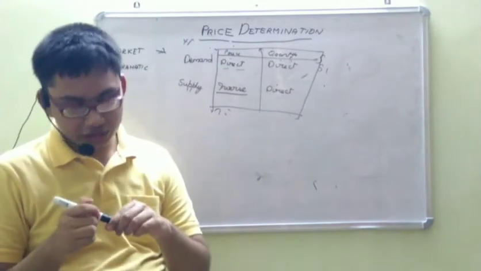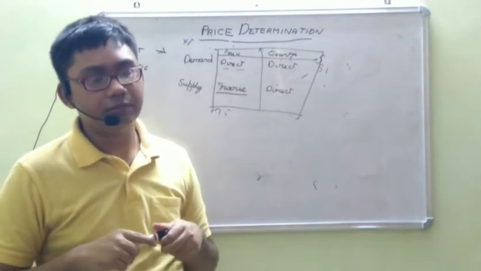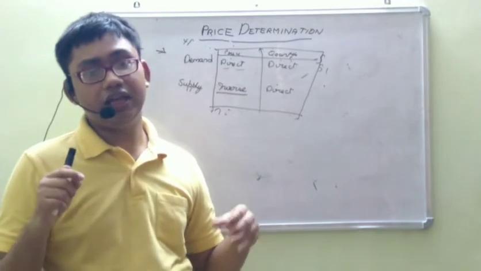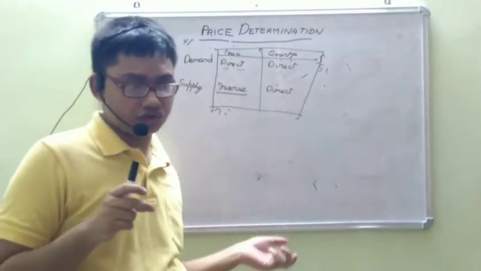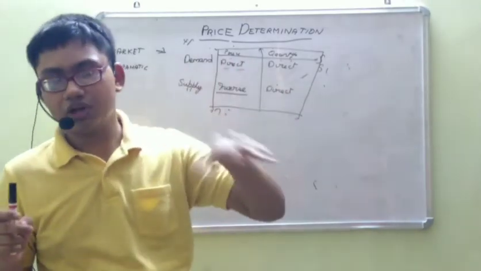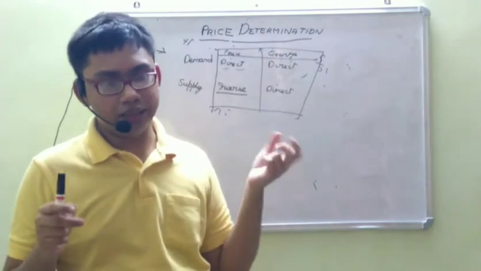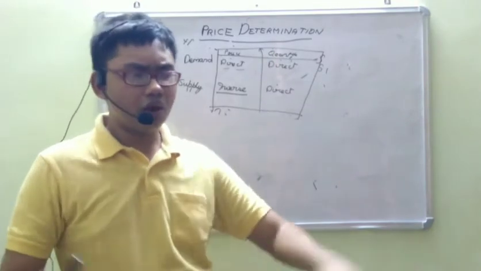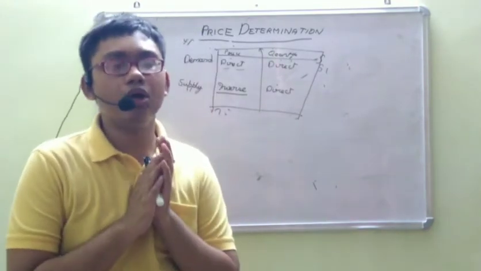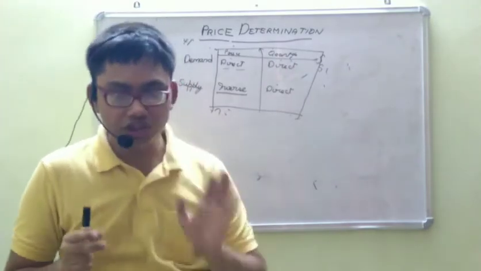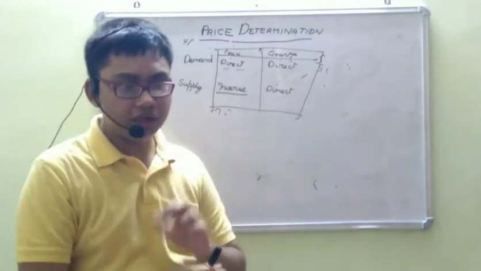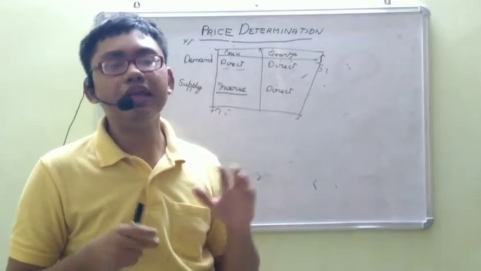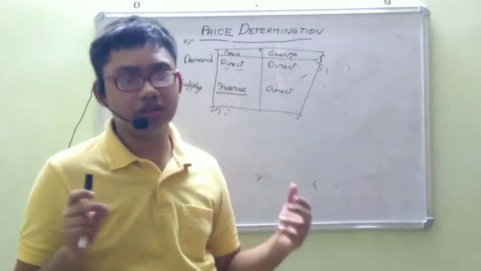But if they are changing in different proportions, it will matter whether they are changing in the same direction or the opposite direction. If they are changing in the same direction, the change will happen only in price. If they are changing in the opposite direction, the change will happen only in quantity, because price will change in one case and quantity will change in the other case. But the impacts on price and quantity will be the same.